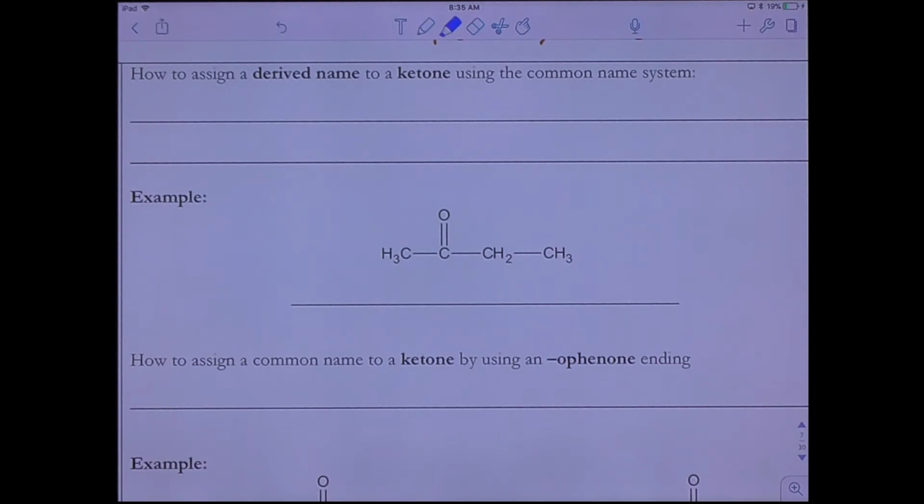The first way of naming it is actually my favorite way to name ketones, even more than IUPAC, because in the derived name system, the carbonyl carbon even becomes part of the functional group, and that's just a ketone right there. And then that's the basis for your name. Just like last semester, if you had an alcohol group or something, that went at the end. And so you would have ethyl alcohol or whatever.